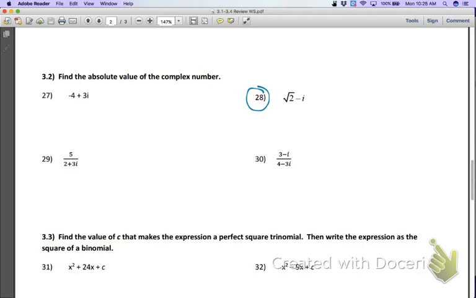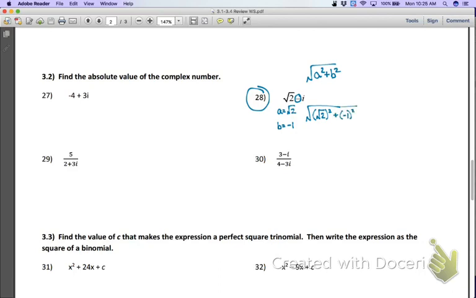So, same way, still the same formula as far as a squared plus b squared. So, what's a? Square root of 2. What's b? What number's in front of your i? Negative 1. So all I'm going to do is take the square root of the square root of 2 squared plus negative 1 squared.